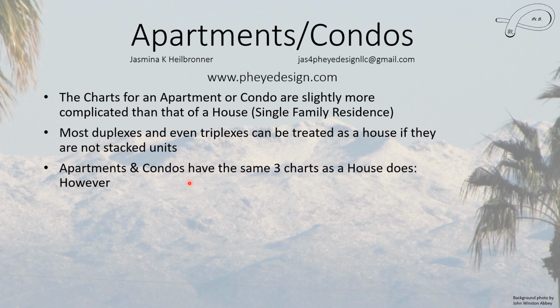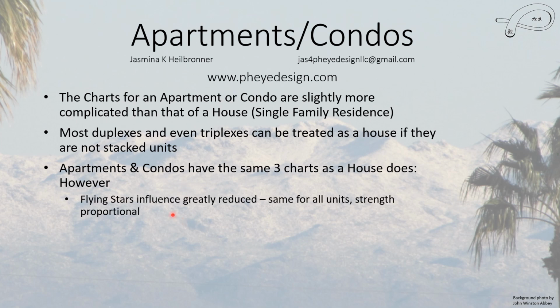Now, apartments and condos have the same three charts as a house does. However, the flying star chart's influence is greatly reduced because it's the same for all units and the strength is proportional. So if you have 10 units in the apartment, you get 1/10 of the energy. If you have 100 apartments, you have 1%.